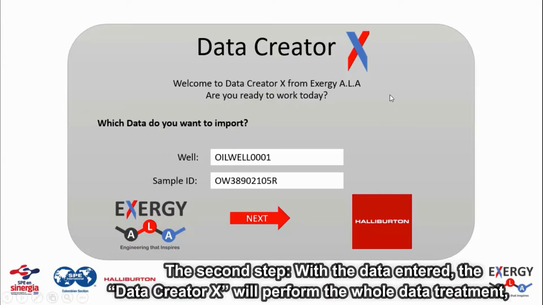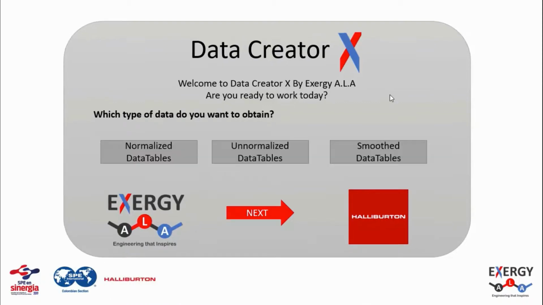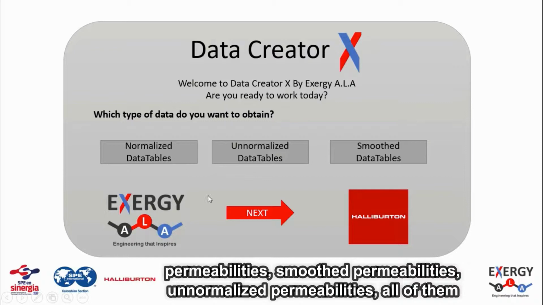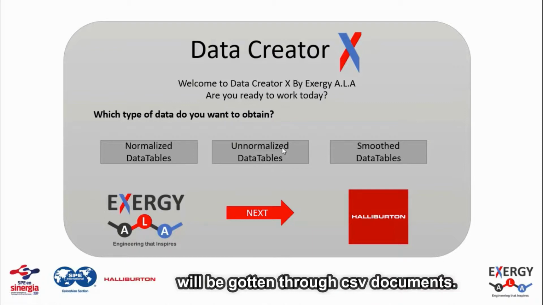The second step: with the data entered, the Data Creator X will perform the whole data treatment. So, the only thing you will have to do is to select the data you want to export: normalized permeabilities, smoothed permeabilities, unnormalized permeabilities. All of them will be obtained through CSV documents.